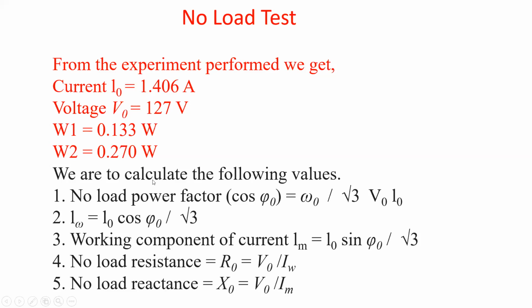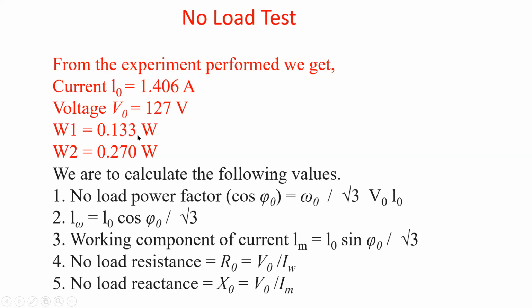What parameters will I calculate? The no load power factor, given by cos of phi 0, which equals W0 divided by √3 V0 I0. What is W0? W0 is the sum of the two wattmeter readings, so W1 plus W2 will be W0.